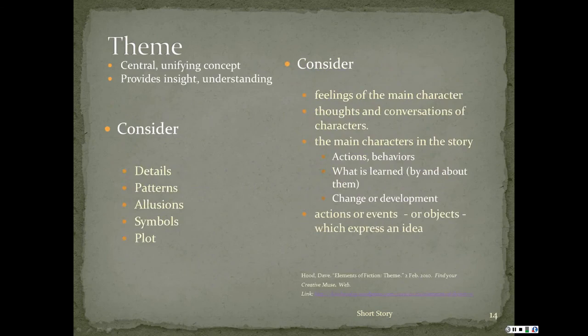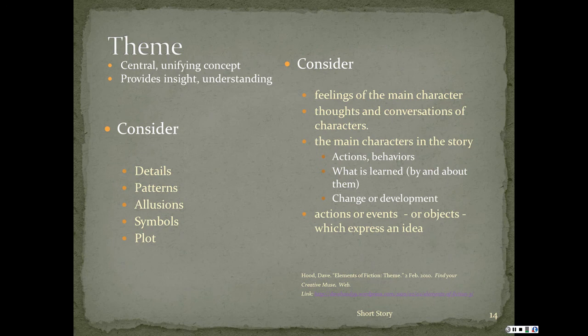When we identify the theme, that central unifying concept that provides insight, we consider the details of the story, we consider patterns, we consider allusions, references, symbolic meaning, and we consider the plot, the reasons things happen. We can also consider what the main character feels.